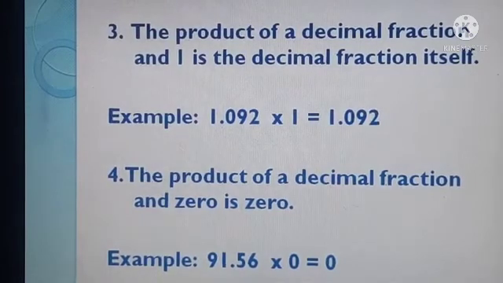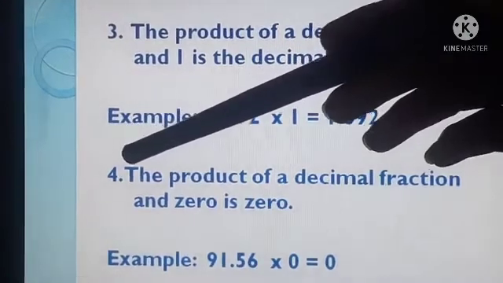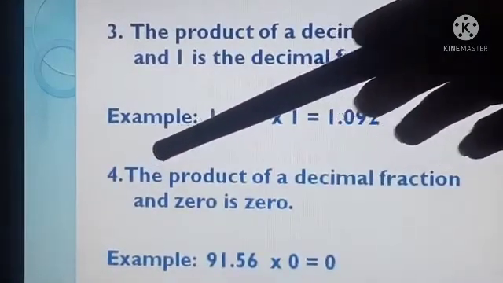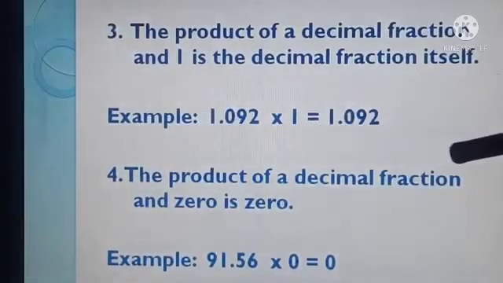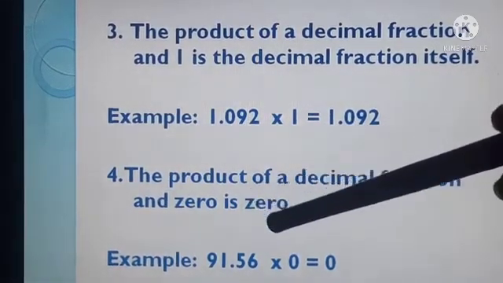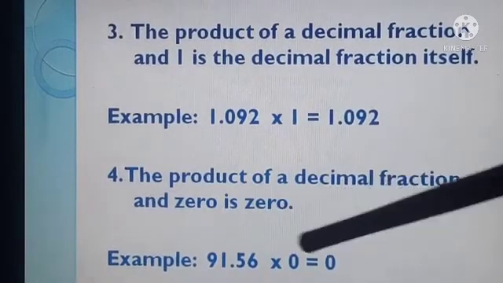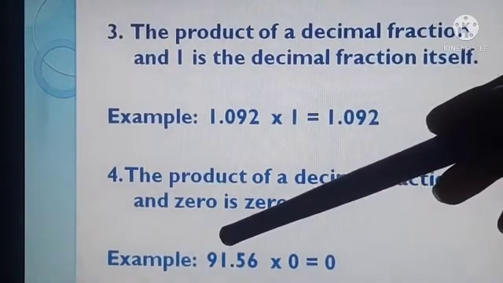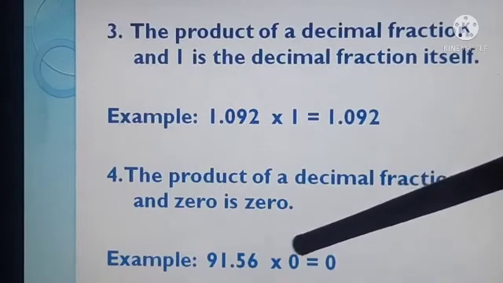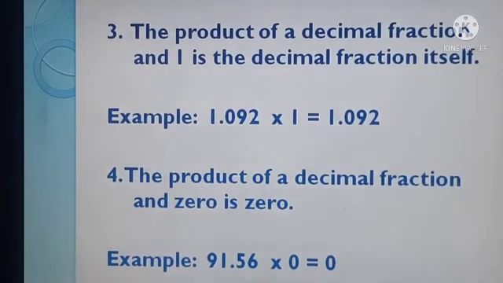That is the decimal fraction itself. Property number 4. The product of a decimal fraction and 0 is 0. When we are multiplying this 0 with the decimal fraction, our answer will be 0. See this example, 91.56 multiplied by 0 is equal to 0.